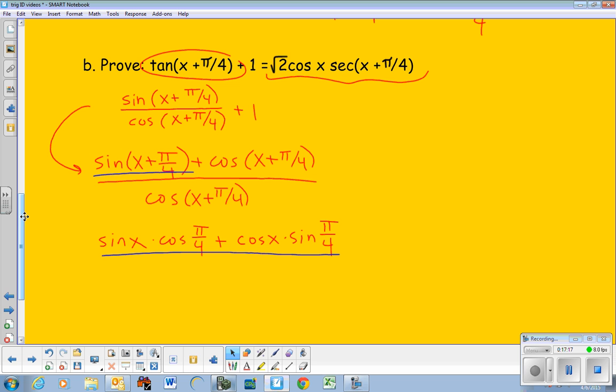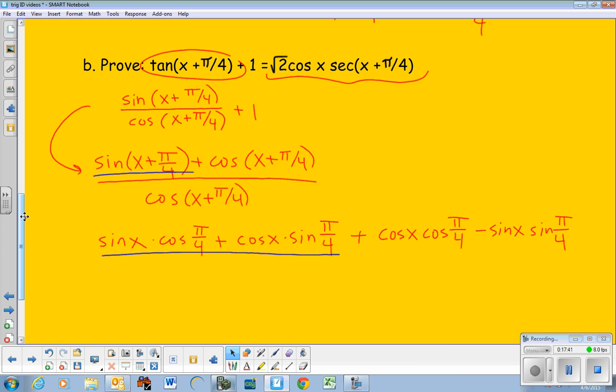All right, all I did was use my sine of a plus b and cosine of a plus b formulas. Cosine of x plus pi over 4 is equal to cosine x times cosine pi over 4 minus sine x sine pi over 4.